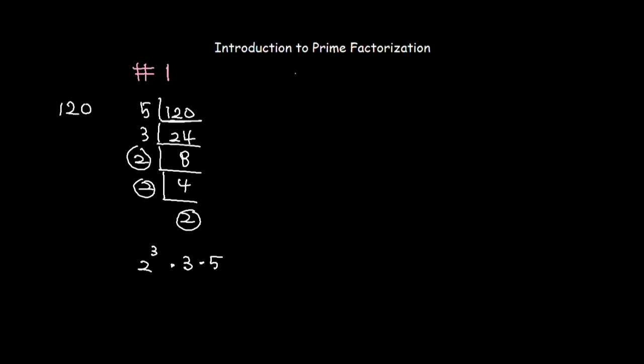But let me do the factor tree form for those who worked it out that way. You have 120. You can subdivide this into 12 and 10, which is the easiest way to do it. You can subdivide 12 into 4 and 3, and 10 into 2 and 5. I recommend you circle the prime numbers that you end up getting, because that will help you keep track of what numbers are prime.